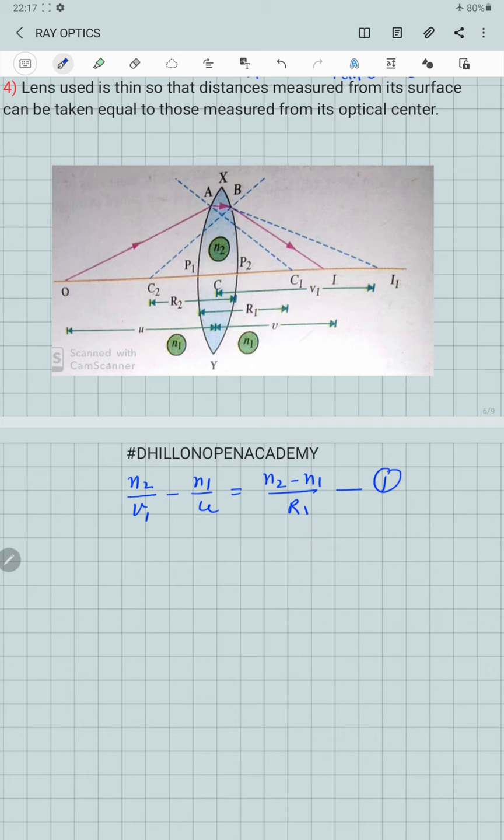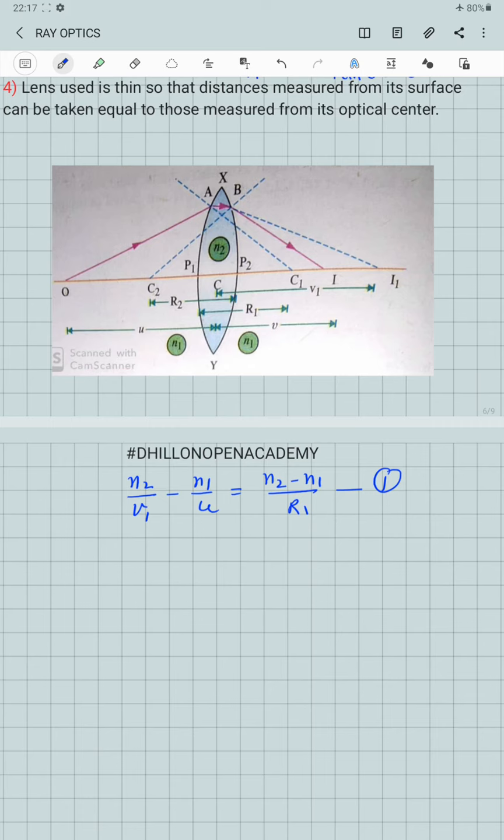Now, in this case, we can assume that the image I is formed for the second spherical surface XP2Y by considering that a virtual object I1 was placed inside the denser medium of refractive index N2.